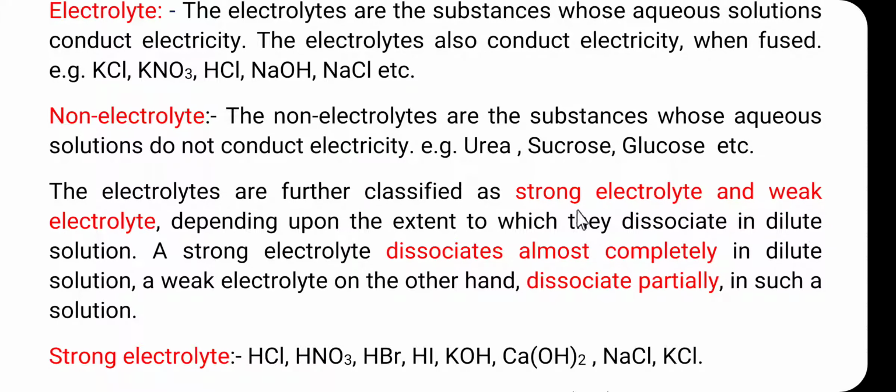Generally the strong electrolyte dissociates completely, that is, the ionization or the dissociation of the strong electrolyte in the dilute solution is complete, while the weak electrolyte dissociates partially, there is an incomplete dissociation or incomplete ionization. So if there is a complete dissociation or complete ionization in the dilute solution, then such an electrolyte is called a strong electrolyte. If there is an incomplete or partial dissociation, then such an electrolyte is called a weak electrolyte.